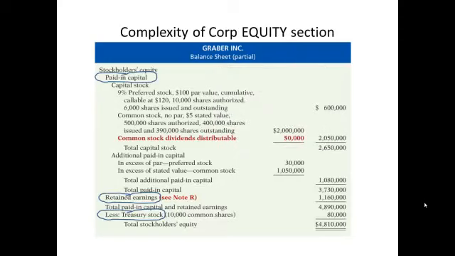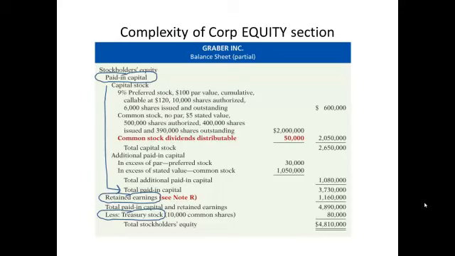Here's an example of a corporation stockholder equity section. These are, again, permanent accounts only, very complex compared to only one account in a sole proprietorship. So in the first section, we have paid-in capital, which comprises all of the par value of common or preferred stock and values in excess of par value.